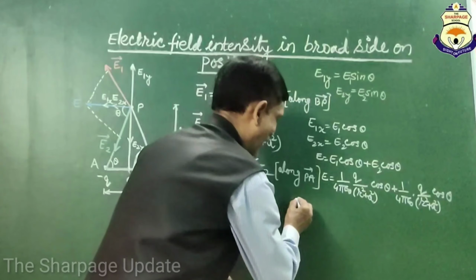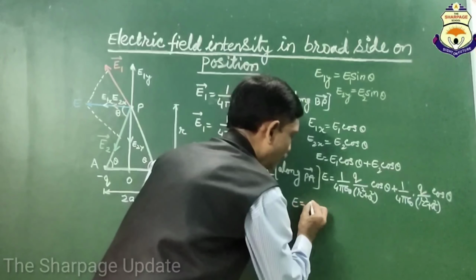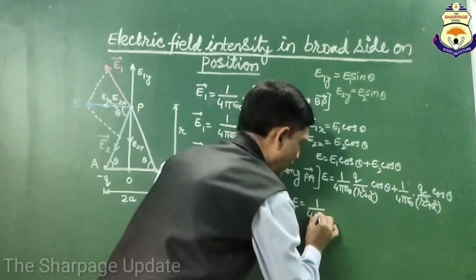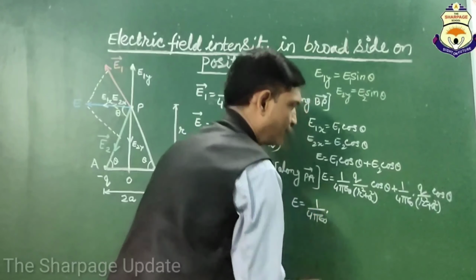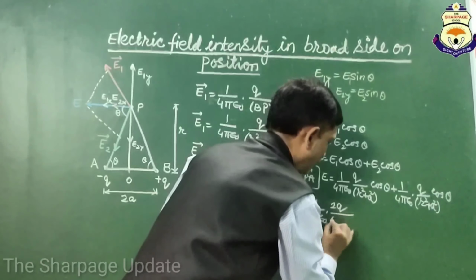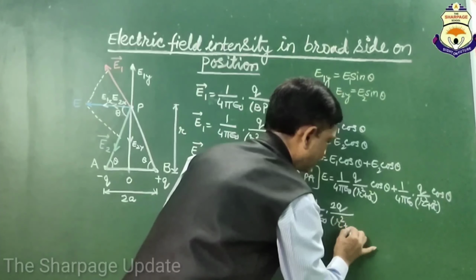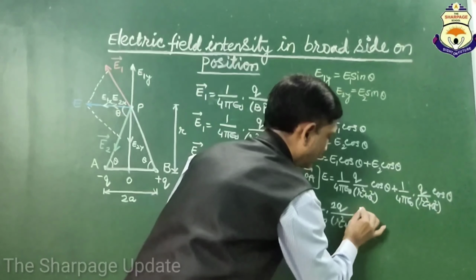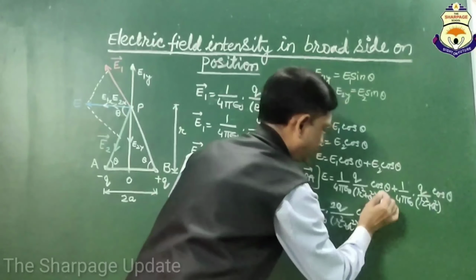So here we can write E equal to 1 upon 4 pi epsilon 0 into 2q upon (r square plus a square) cos theta.